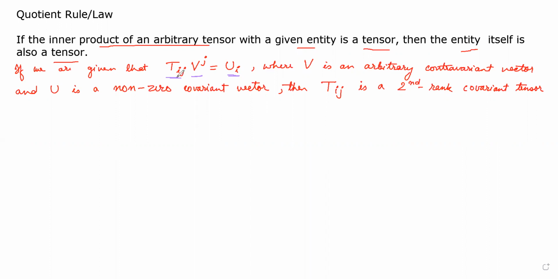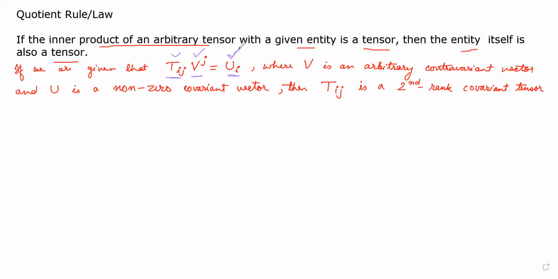So here Vj is a tensor of rank 1. Ui is also a tensor of rank 1. So here I have a tensor, and we take the product of the tensor with an object Tij, and then we perform this contraction over one index, and then the answer that we obtain, Ui, is again a tensor.